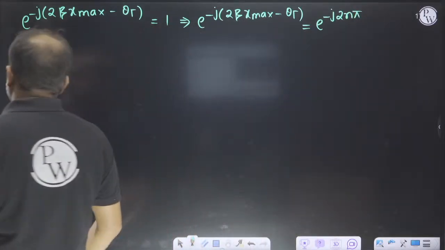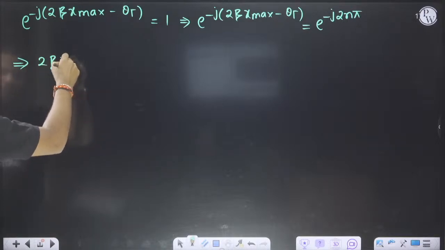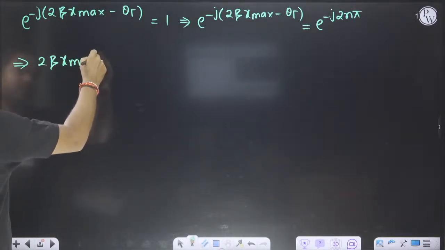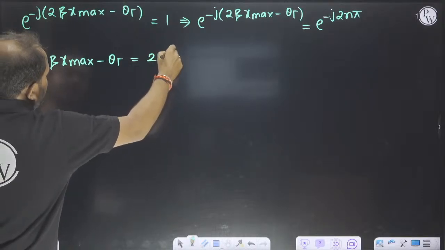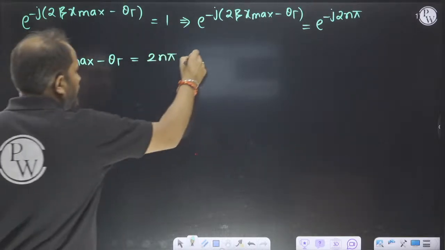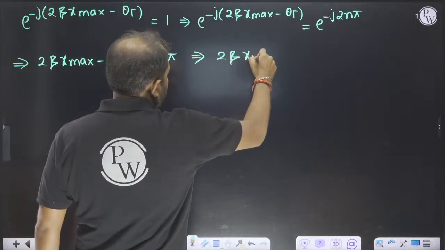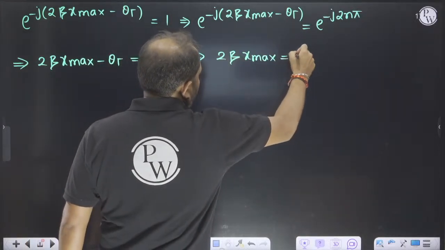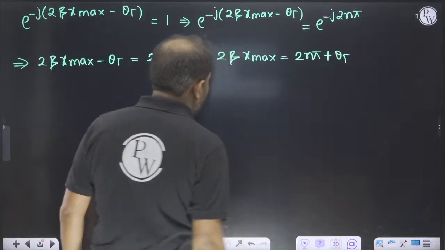So we can conclude 2 beta x max minus theta gamma is equal to 2n pi. Then 2 beta x max is equal to 2n pi plus theta gamma.